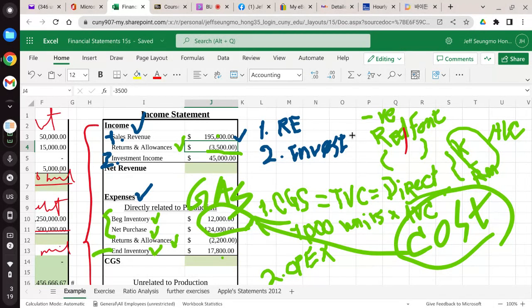So once again, allowance is a discount given to the supply chain members, usually for volume business. So obviously that would be negative, right? Because it's cash outflow from us.